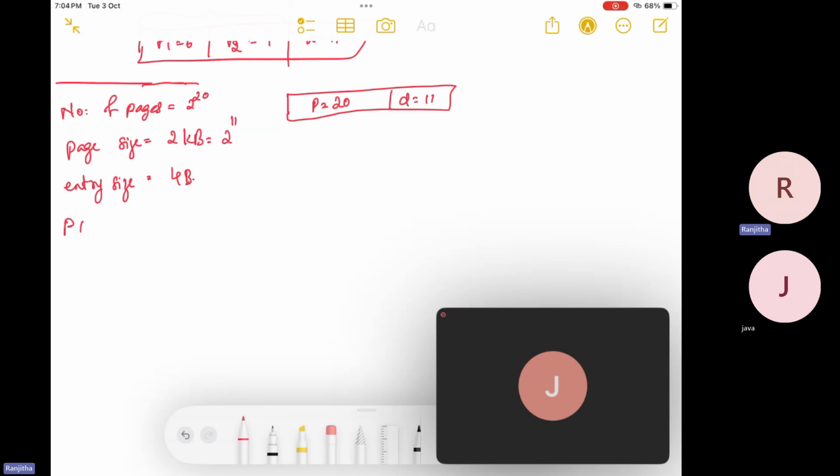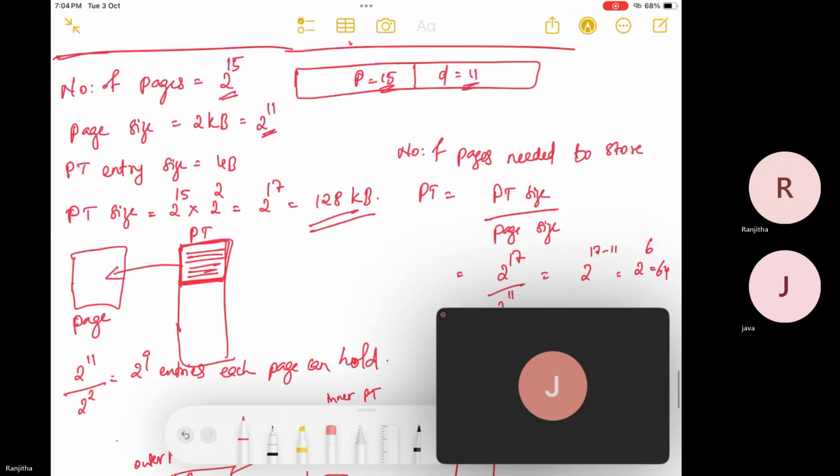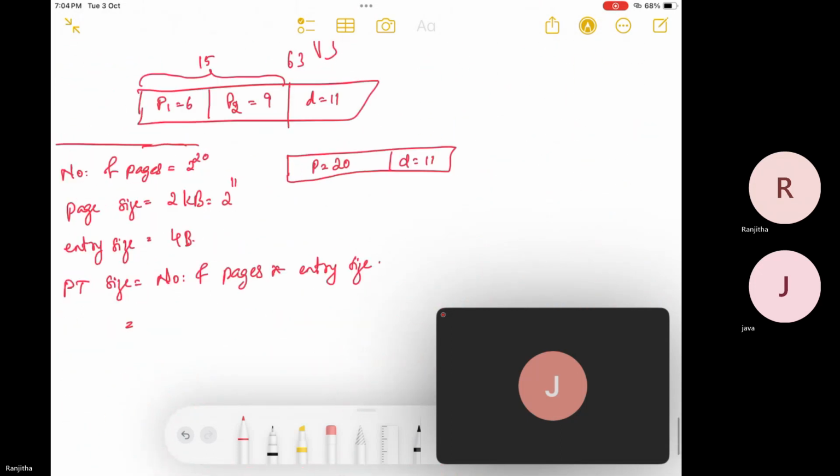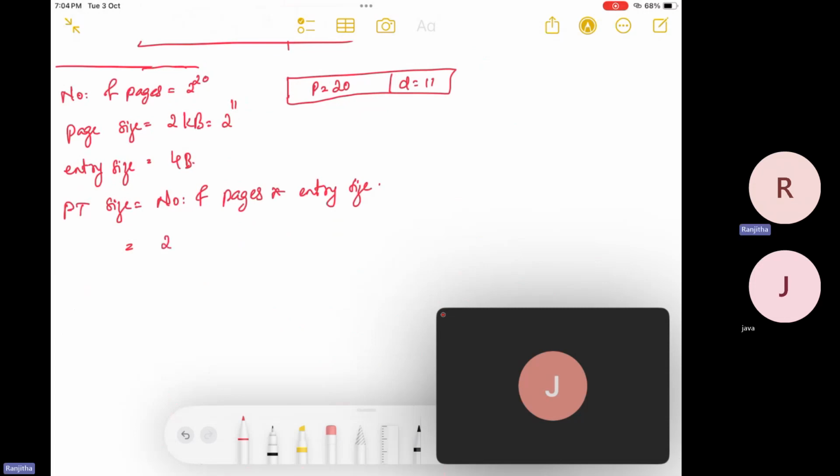Page table size equals number of pages times entry size, which is 2 power 20 into 2 square, which is 2 power 22.